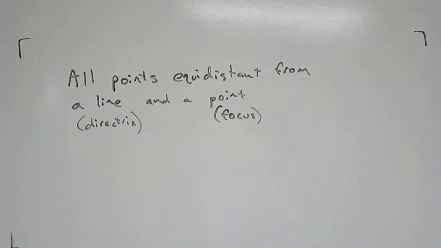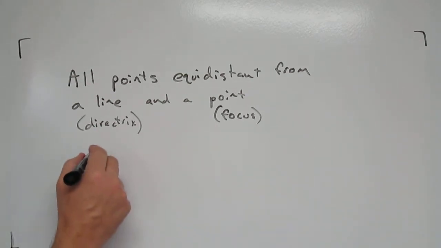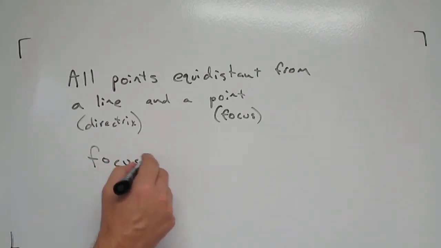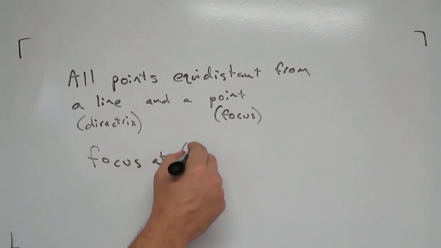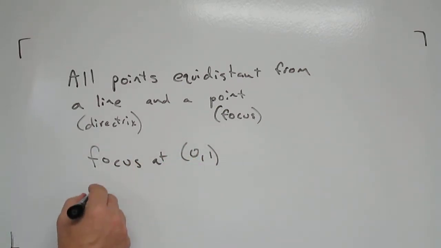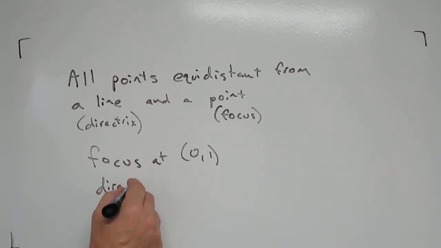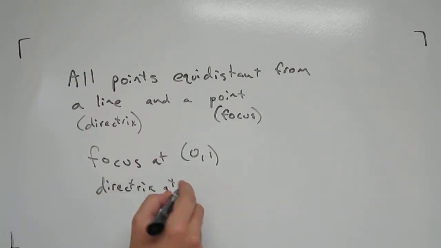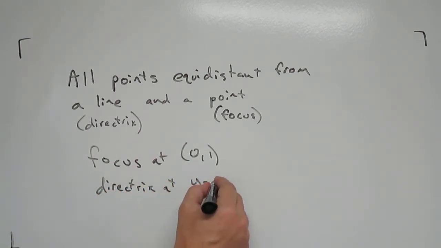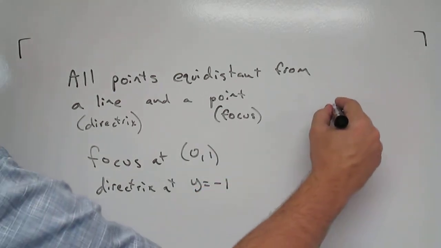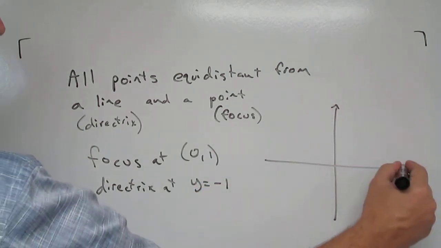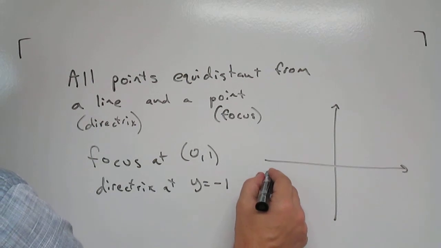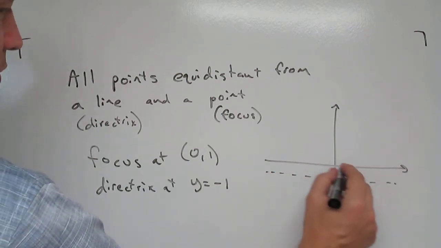Okay. So if I had something where, say I had a focus at (0, 1) and a directrix at y equals -1. So I'm going to have the directrix look like this, at y equals -1.